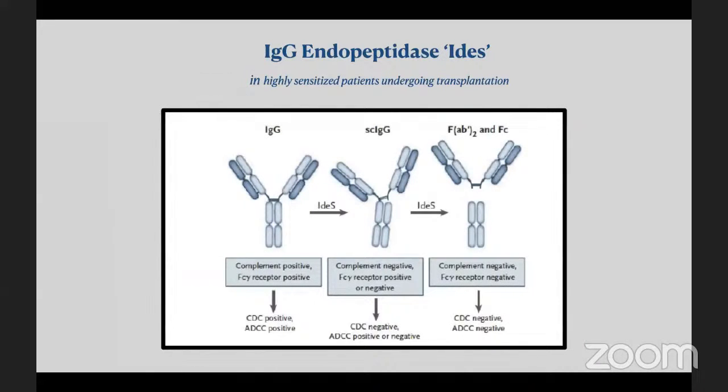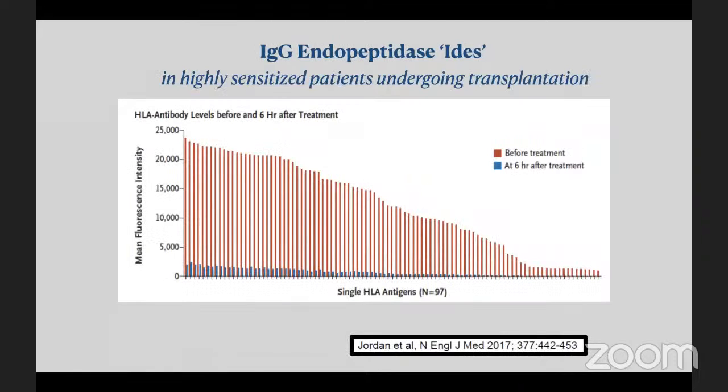The latest is the IDIS, and this is the most promising of them all, which is a cleaving enzyme, which cleaves the FC portion from the IgG, and with a very high level of anti-HLA antibodies, you can successfully desensitize the patient prior to the transplantation, and you have a significant amount of patients who can undergo transplant. But the cost and the availability is an issue.